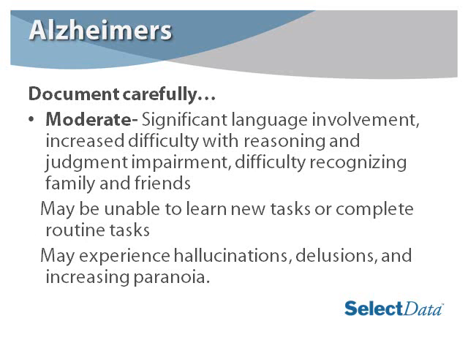So that would be mild. If there's moderate, and the doctor has noted moderate, you should be noting then what the significant language involvement is and what kind of difficulty with reasoning and judgment impairment is seen. And just saying there's difficulty recognizing family and friends, give a specific instance or instances.